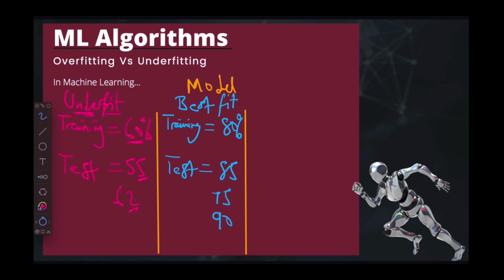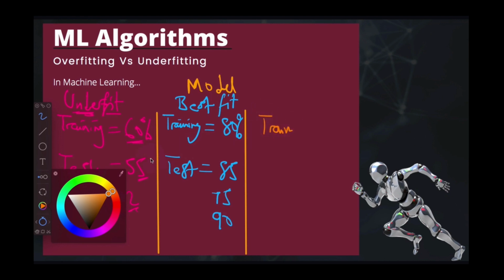Now let's consider the last scenario. Let's say that on the training data we got something like 92%.